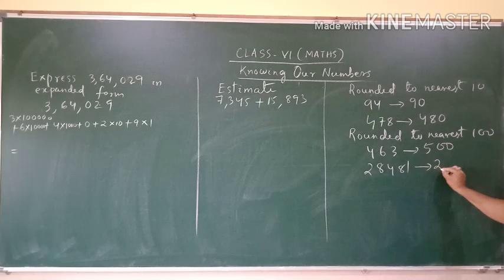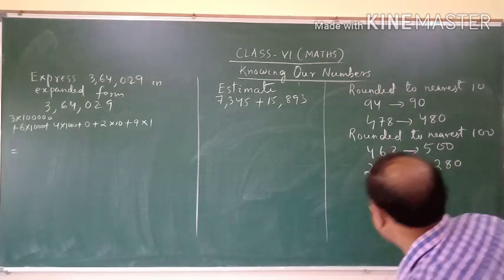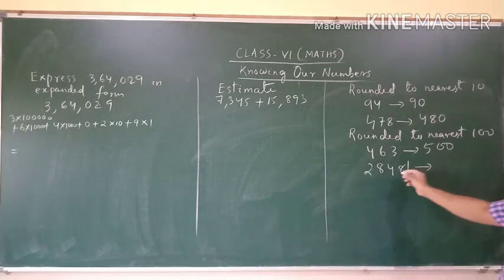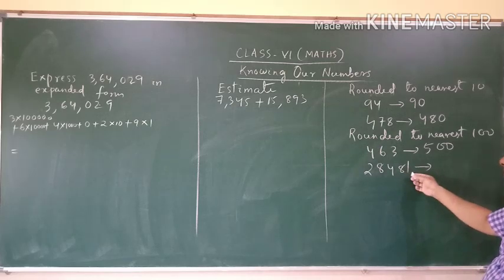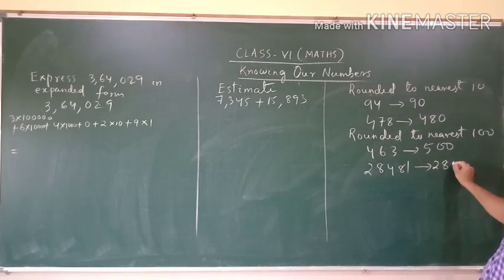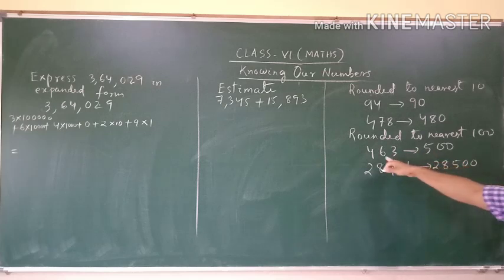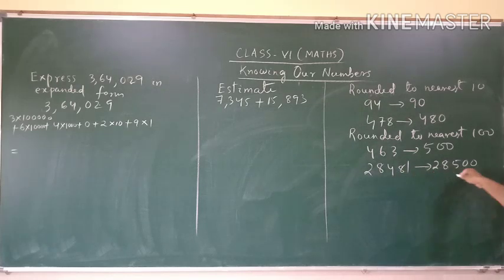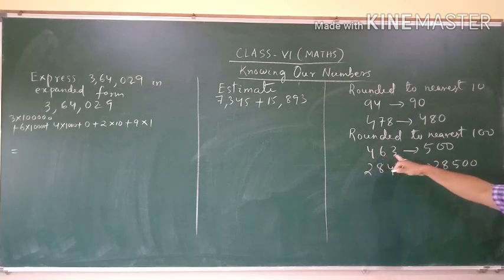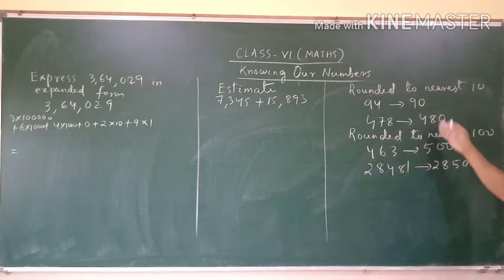In the other example the 100 place is 4 and after 4, 8 is there, so it is rounded to the next 100, 28,500. Here also 4, then 5 is coming, so 500. So this is about rounded to 10 and 100.